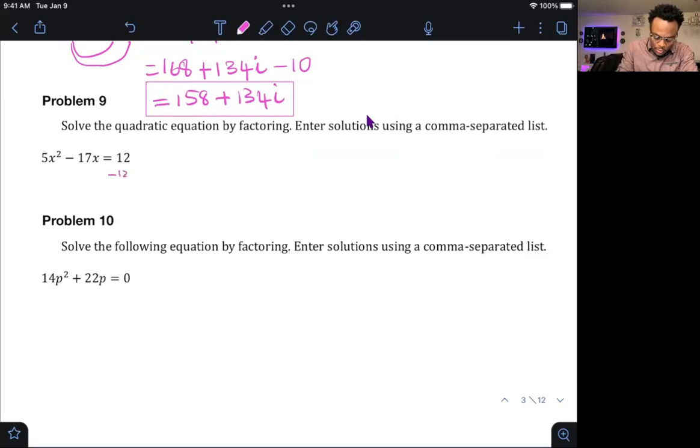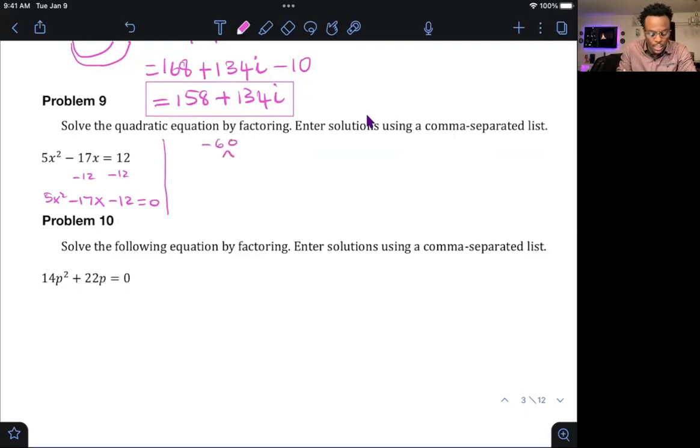Subtract 12 on both sides. So that is 5x squared minus 17x minus 12 equals 0. The coefficient of x squared is not 1, so we multiply 5 and negative 12. That's negative 60.